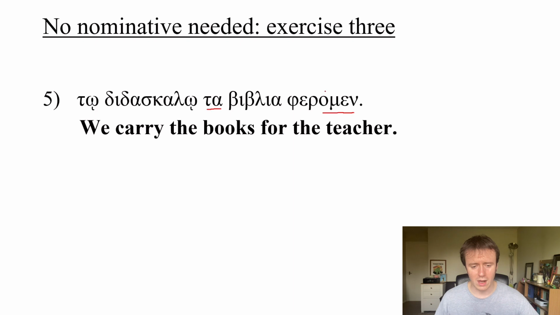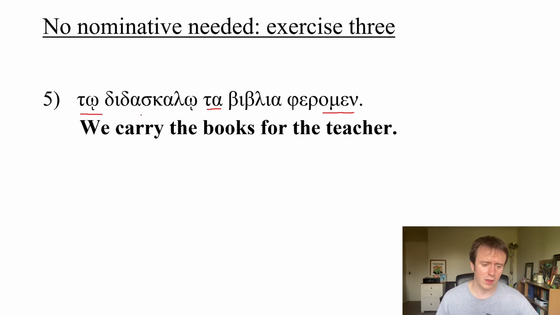So we've got to understand that it's accusative. So far we've got we carry the books, and at the start we had toi didaskalo, which is the teacher in the dative case as indicated by toi, the masculine dative singular form of the definite article.